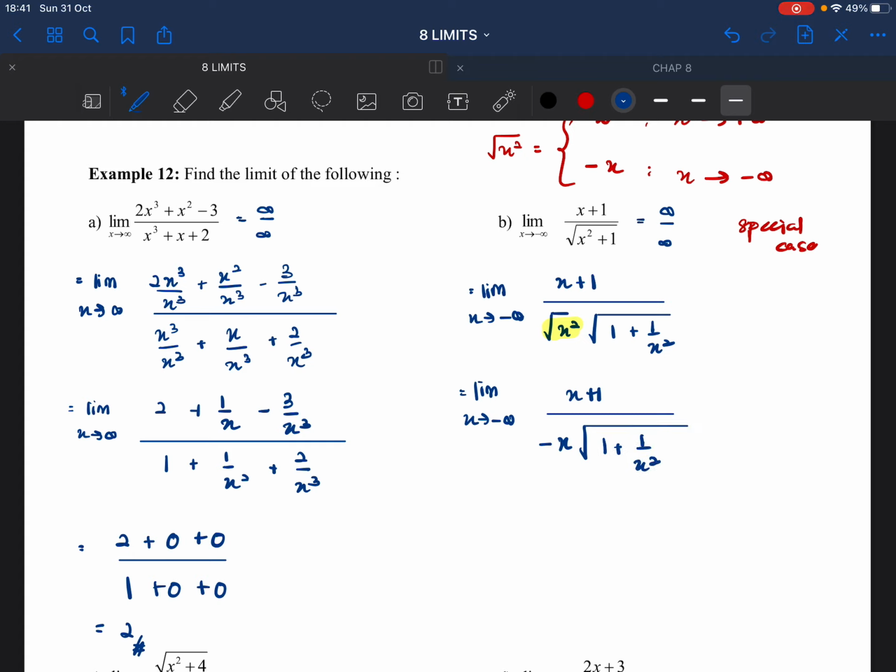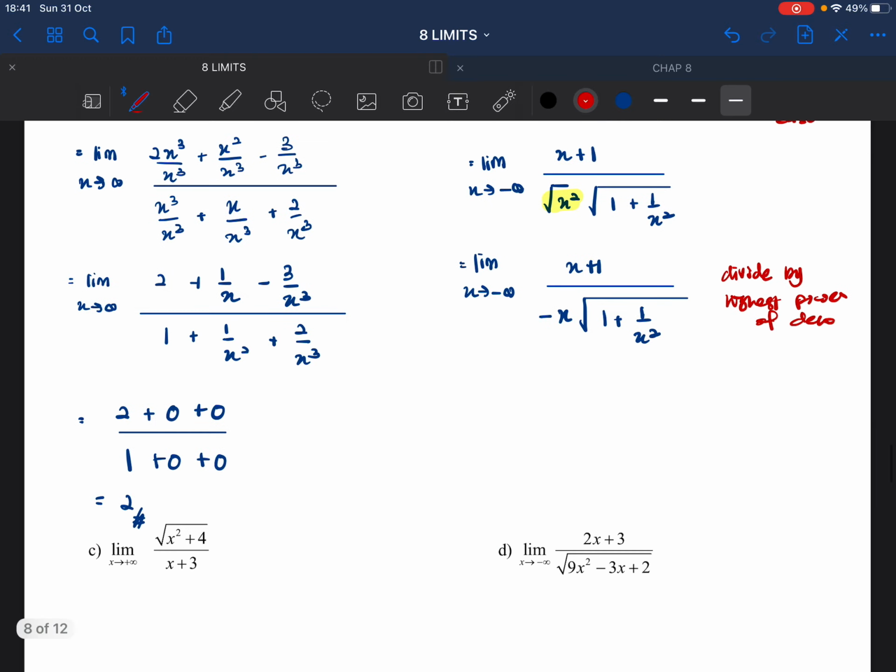Now just do the same: we divide by the highest power of the denominator. What is the highest power of the denominator? A common mistake here: the highest power is not x squared. Here it is x to the negative 2, so this is not the highest power.